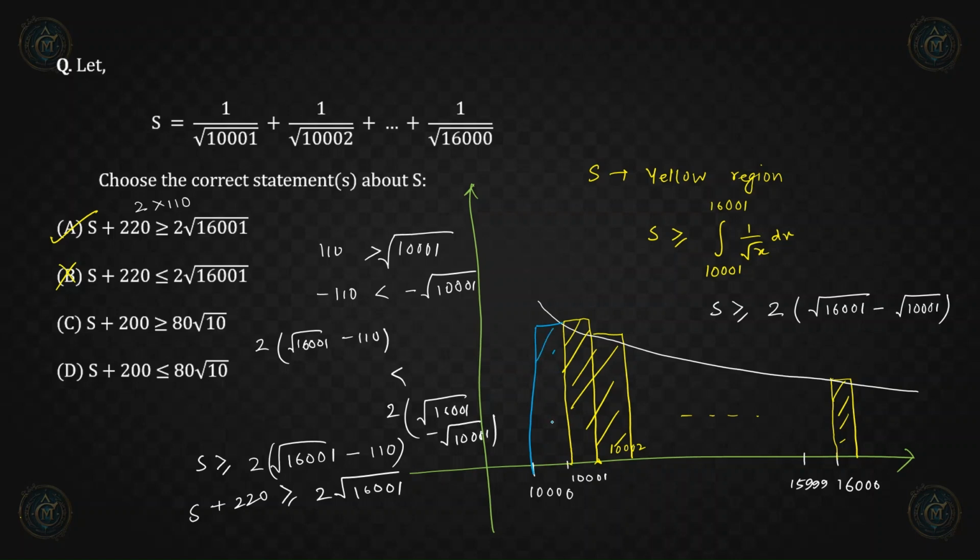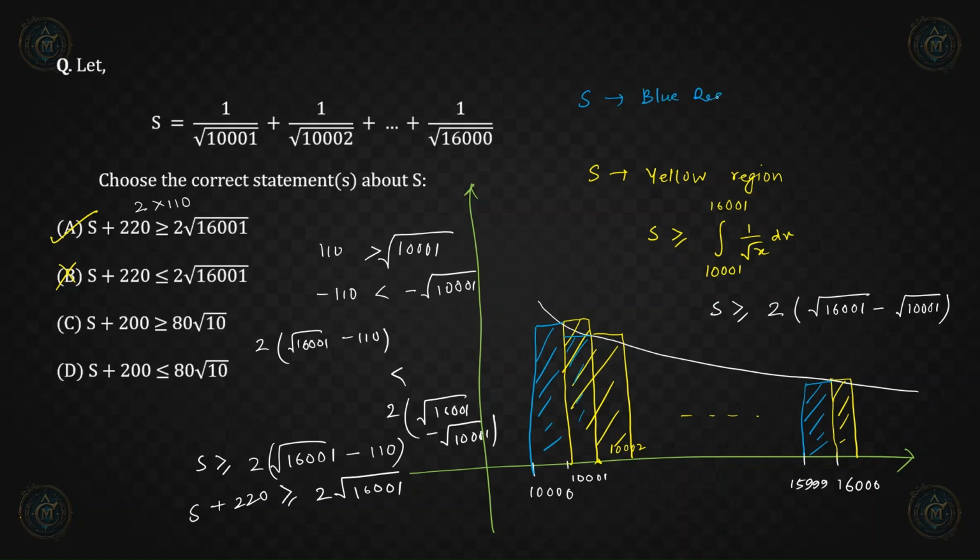So the area of this rectangle will again be the same, 1 divided by root under 10,001, but the sum of the areas of all the rectangles in this case will be less than the integral. So the second rectangle will look something like this. And the last rectangle we have like this. So we can say our S is this blue region.